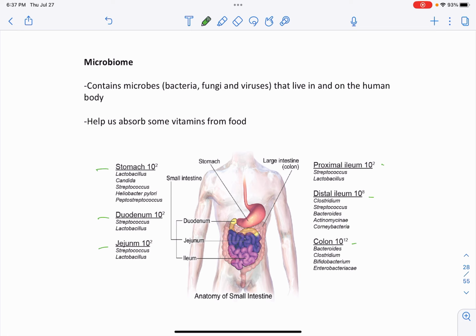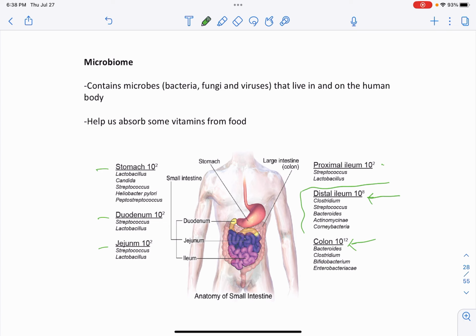And what is striking is as soon as you hit the distal end of the small intestine, you get a huge increase in the numbers and the types of bacteria that you have in your gut. And then look at what you see in the colon.